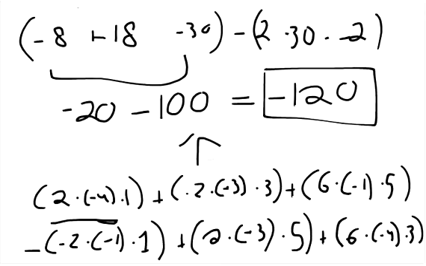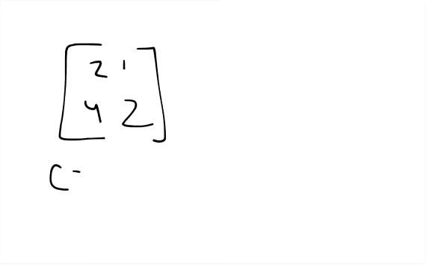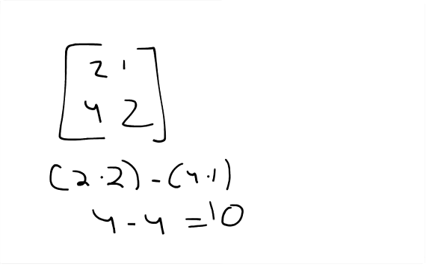One thing we have to keep in mind when we're doing determinants: if we have a matrix like this, let's say 2, 2, 4, 1, when we multiply this out, 2 times 2 minus 4 times 1, this would be 4 minus 4, so our determinant would equal 0.